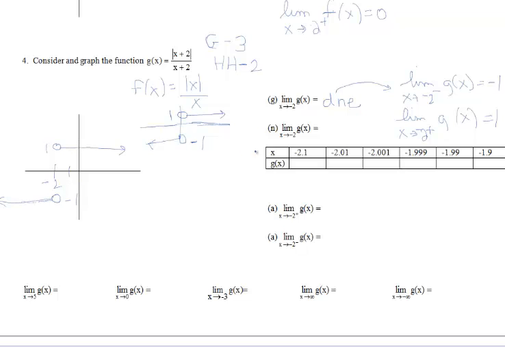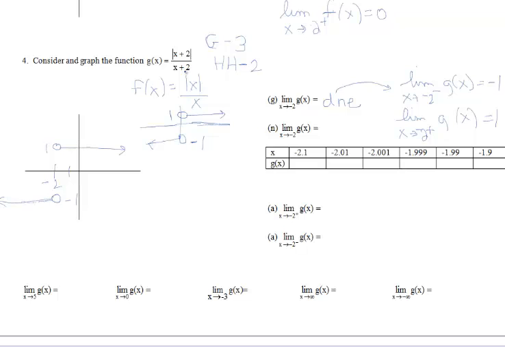All right, numerically, again, we can fill in this data table right here by taking turns plugging these values into this function and filling this out. But I think we can quickly fill this in. -2.1. If you evaluate the function at -2.1, your numerator is going to be -0.1, but the absolute value makes it +0.1.